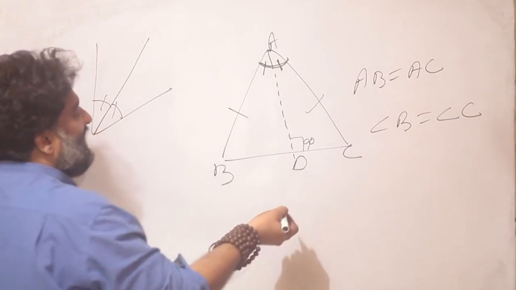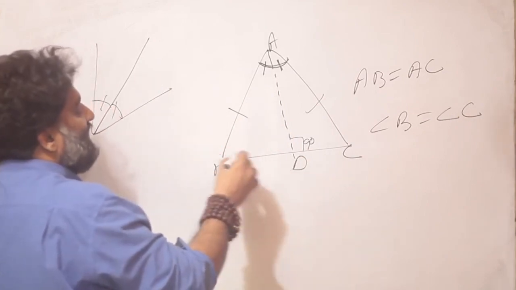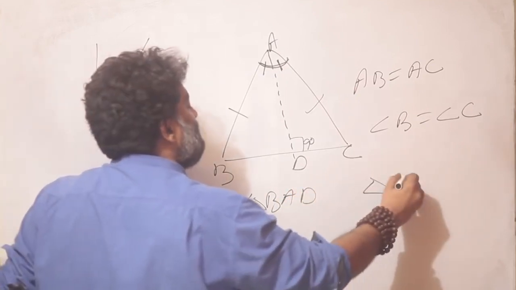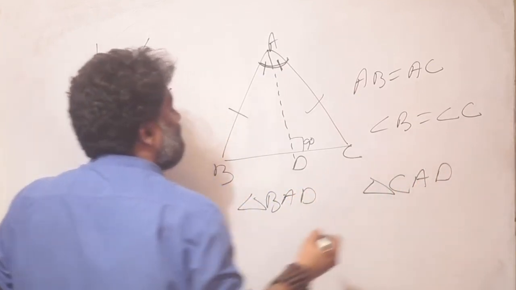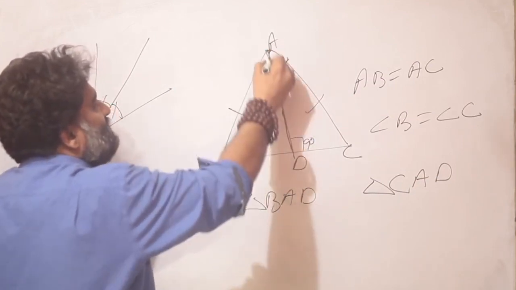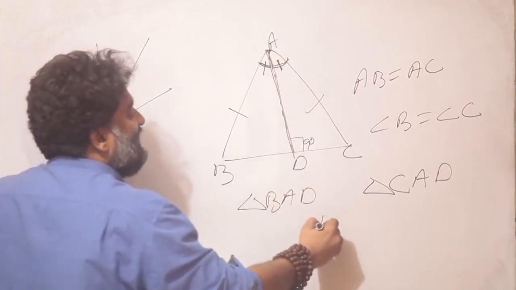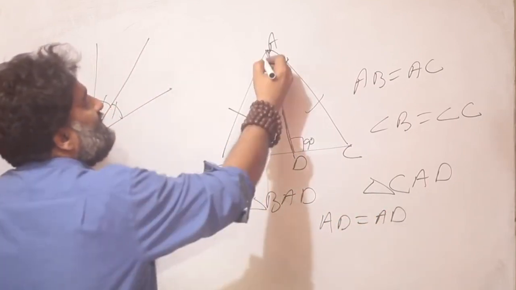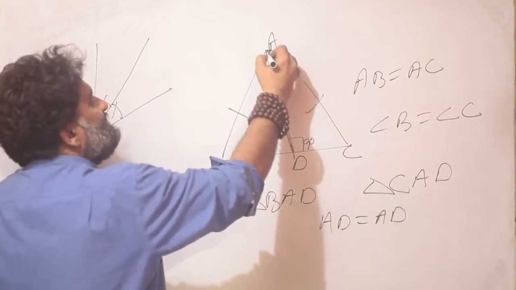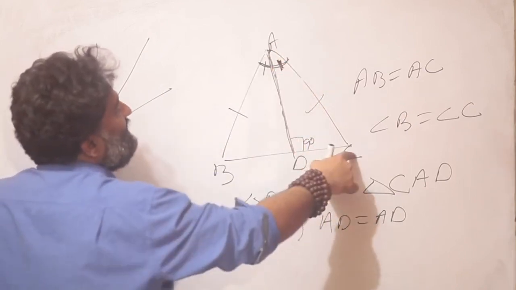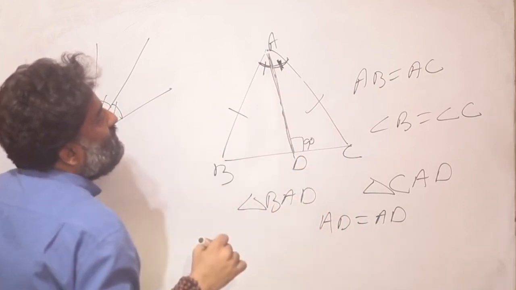So just playing with the idea of congruency once again, look at the triangle BAD and triangle CAD. If I look at this side, this is a common side to both of them. So AD is equal to AD. This angle is equal to this angle. That means angle BAD is equal to angle CAD or DAC, whatever you want to call it.